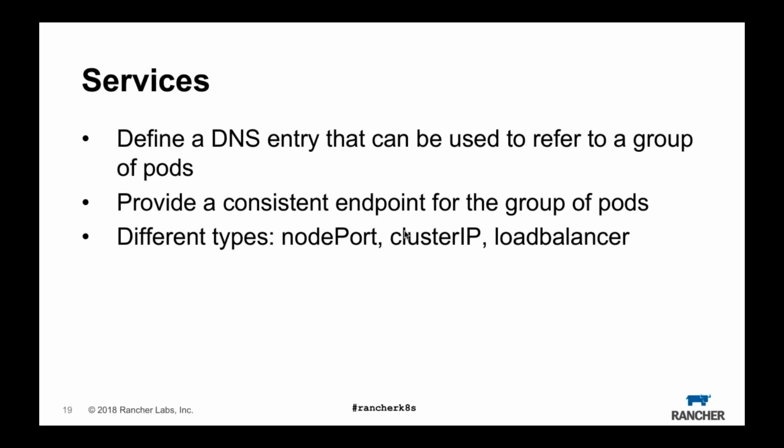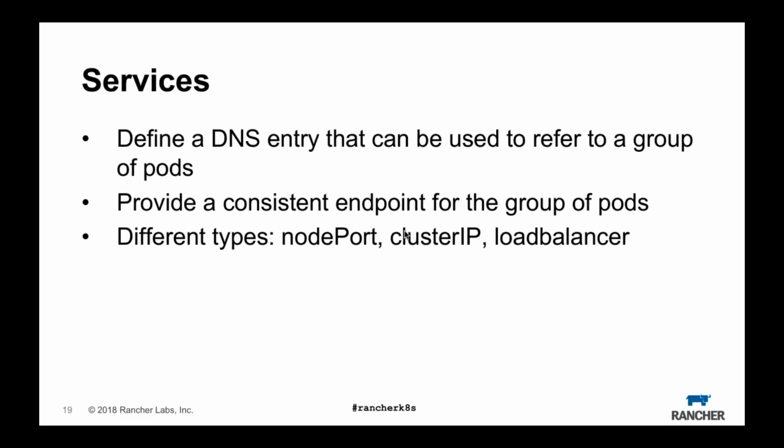And then the third type is a load balancer. So if you're running in AWS or Google, this can provision an infrastructure load balancer. Like in the case of AWS, this would automatically provision an elastic load balancer for you. Yeah, so these are the different types of services.